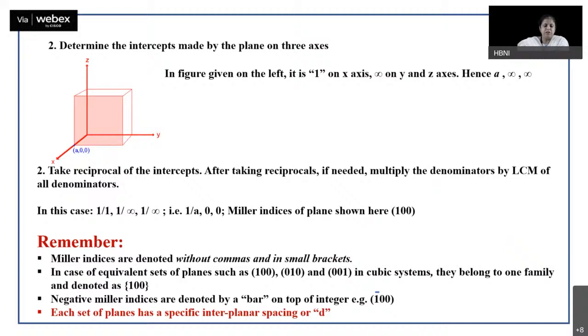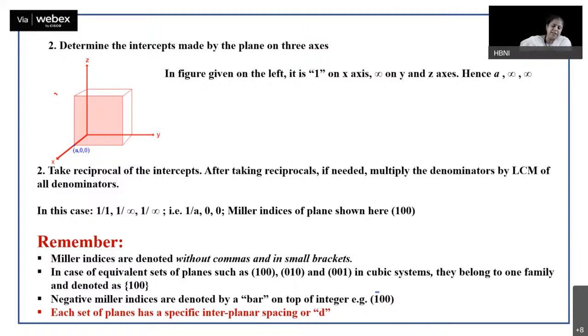Now, suppose I want to determine the Miller indices of the plane shaded pink in the left-hand figure. For this, we try to understand the intercept made by that particular plane on the x-axis, y-axis, and z-axis.